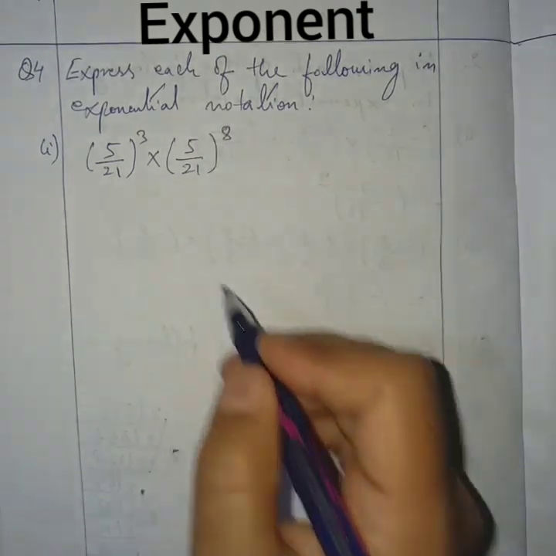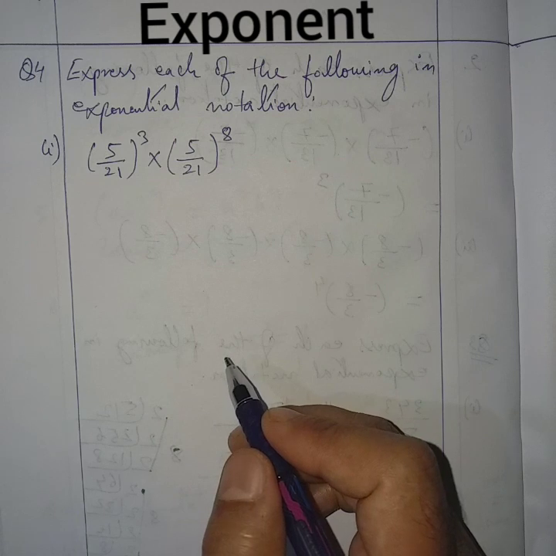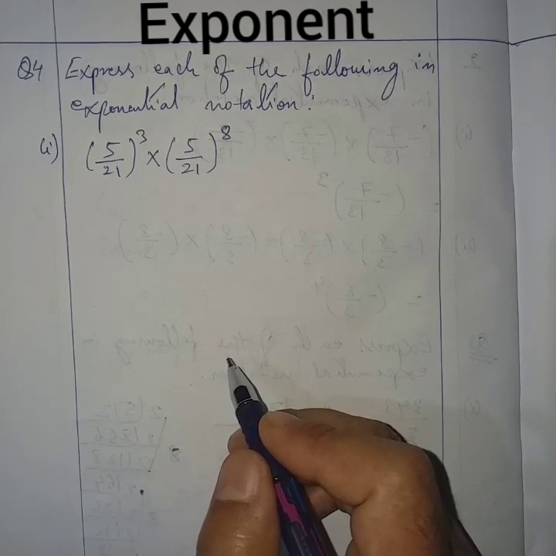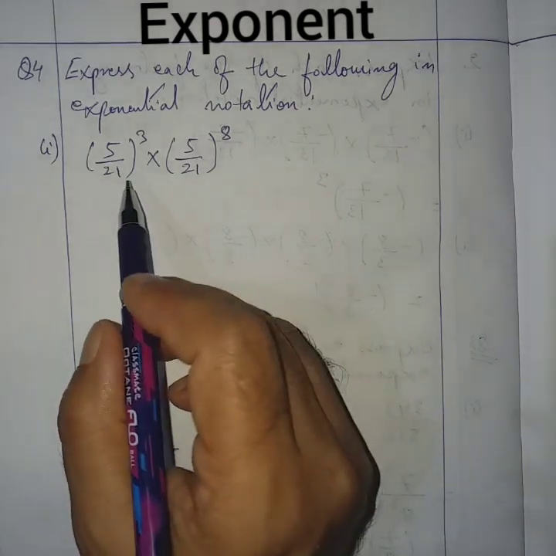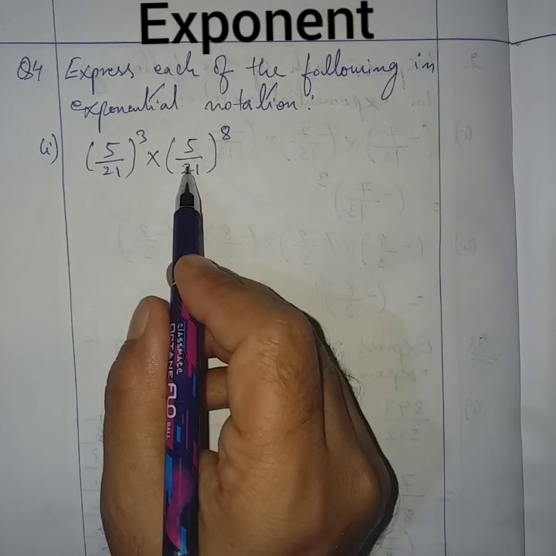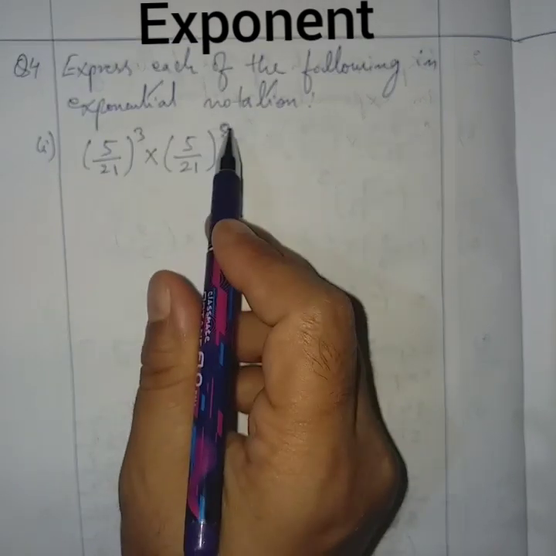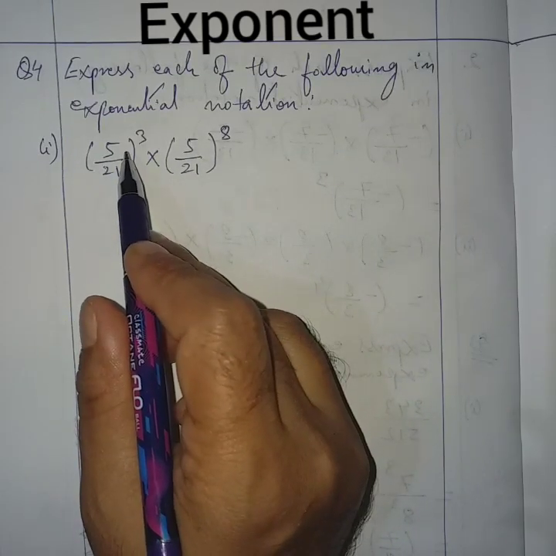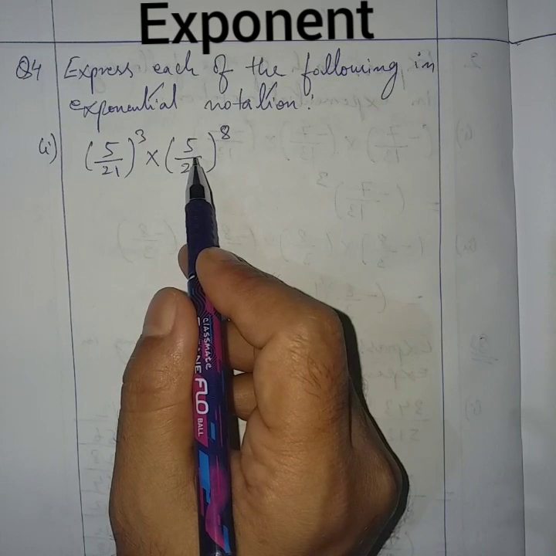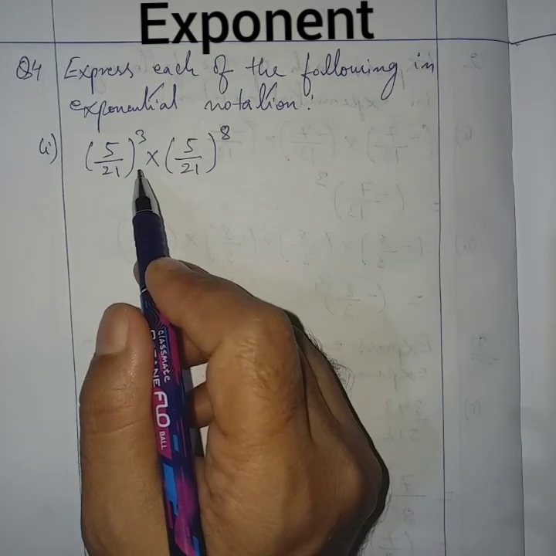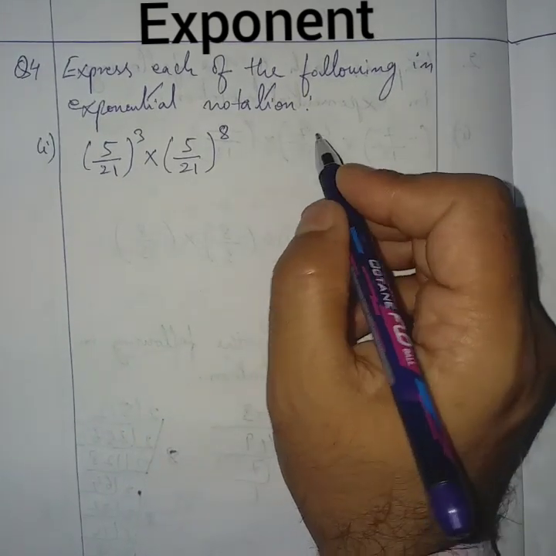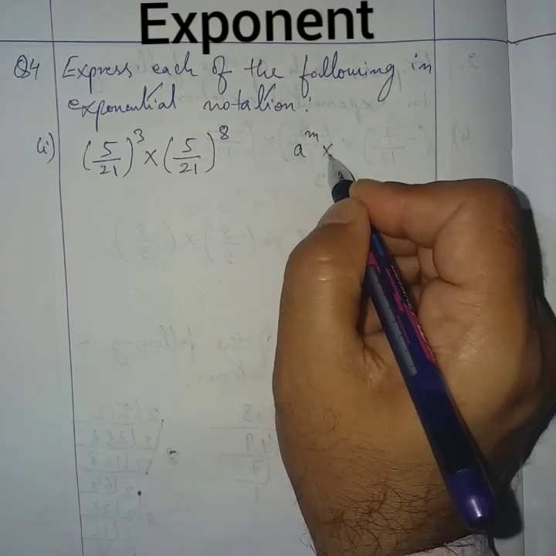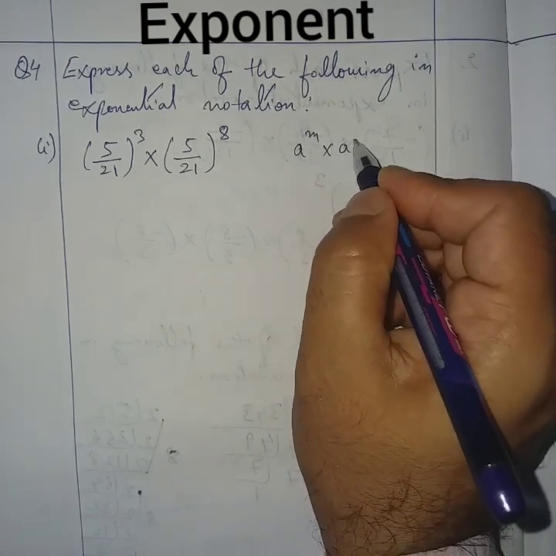To the power 8. Okay, so here you can see the bases are same and powers are there. These are multiplying. This quantity and this quantity are multiplying. So in this case we have that law a to the power m into a to the power n.